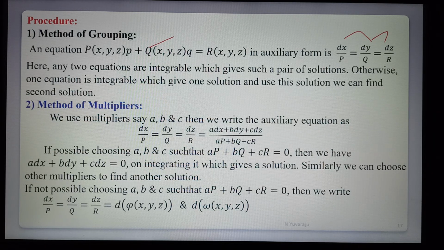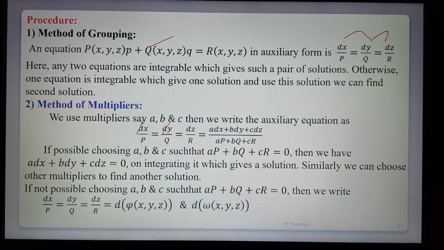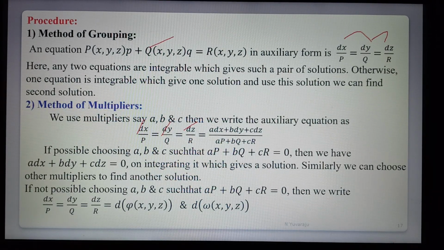The multipliers a, b, c are constants or functions of x, y, z, such that the numerator and denominator are formed by multiplying and adding all: first multiply by a, second by b, third by c, adding all, a dx plus b dy plus c dz by aP plus bQ plus cR.